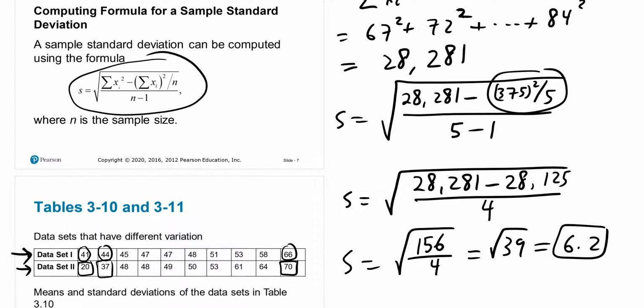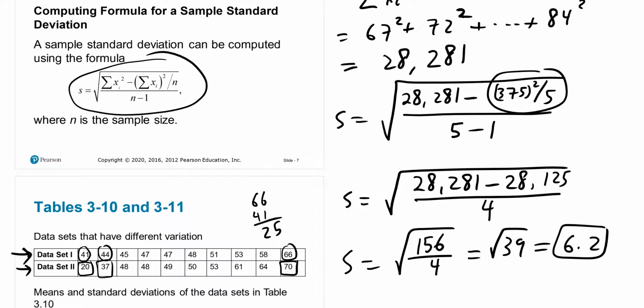Well, I see that data 2 is spread more. You're going from 20 to 70, that's a range of 50. The other one is 41 to 66. Subtract them, 66 minus 41, that's a range of 25. The other one had a range of 50. So that's the difference.